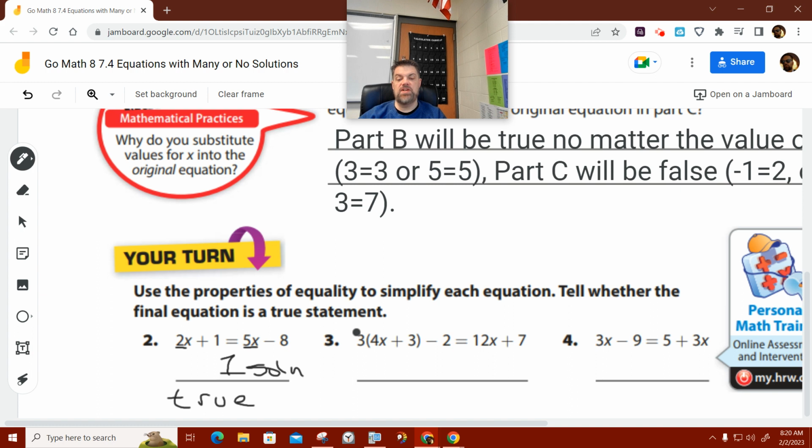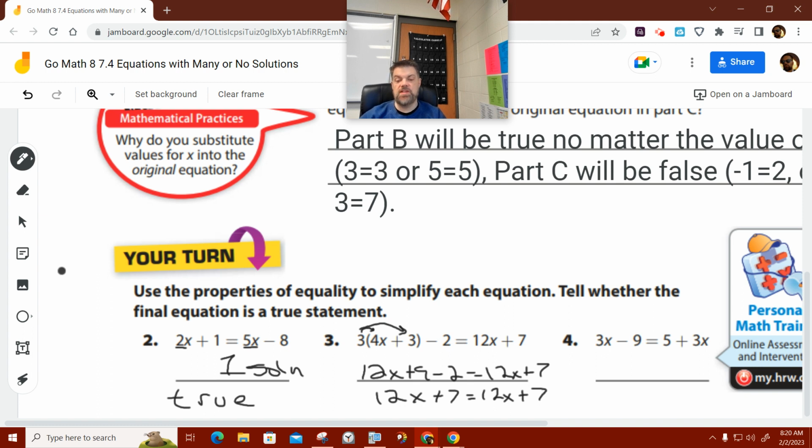Now, on this one, we got to do a little bit of math. If I multiply this through, I'm going to get 12x. 3 times 3 is a positive 9, right? And then we have minus 2 equals 12x plus 7. Now, when I combine like terms, I'm going to get 12x plus 7 equals 12x plus 7.